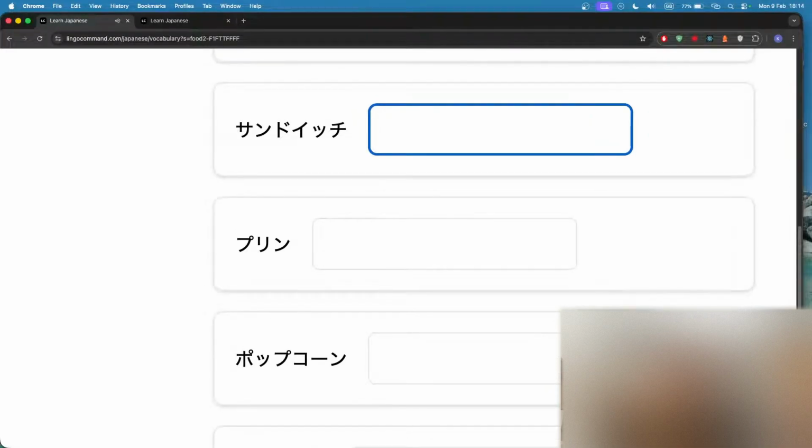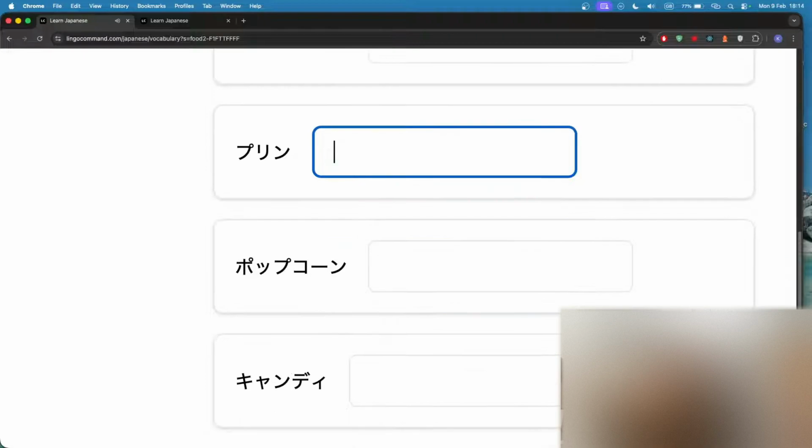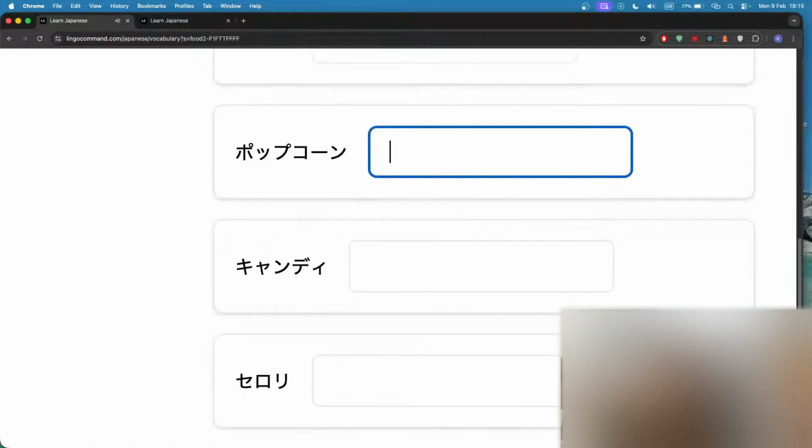And then the next one here is sandwich. Sandwich, right? The next one here is purin, which means pudding. And then we've got popcorn.